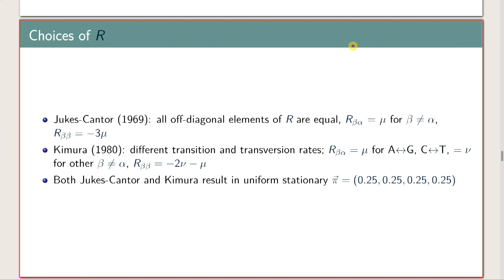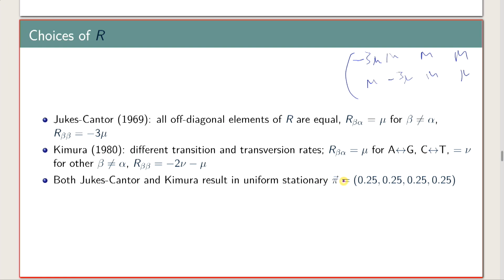So R looks like mu, mu, mu, mu, mu, and so on, and the diagonal elements are minus 3 mu. And then because in DNA you know that transitions are more common than transversions, you could differentiate these two. Both Jukes-Cantor and Kimura result in a uniform stationary pi, which is not important for our case.